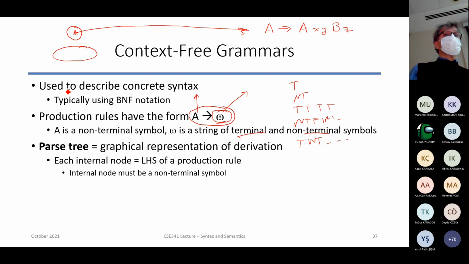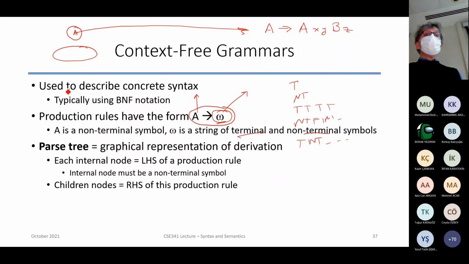So each internal node is going to be the left-hand side of a production rule, and the internal node must be, in this case, a non-terminal. And then the children of this internal node are going to be the right-hand side of this production rule.